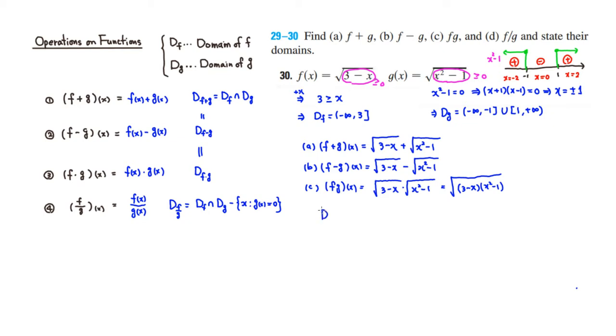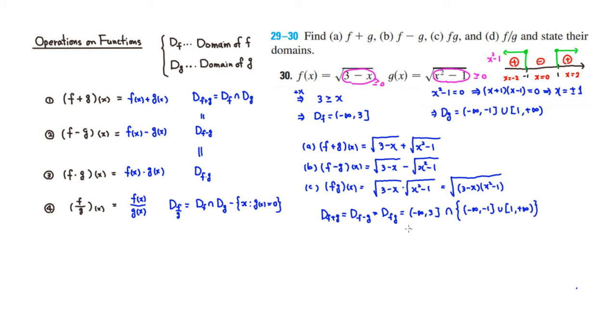So the domain of F plus G is actually the same as the domain of F minus G, which is the same as the domain of F times G. Remember, it's an intersection of the domain of F and the domain of G. So we're going to take the intersection between negative infinity to 3, and, I'm going to use a curly bracket, the domain of G, which is negative infinity to negative 1 union 1 to positive infinity.